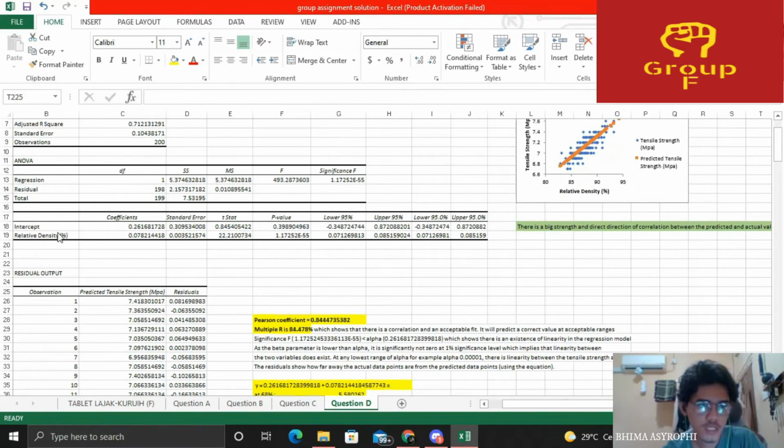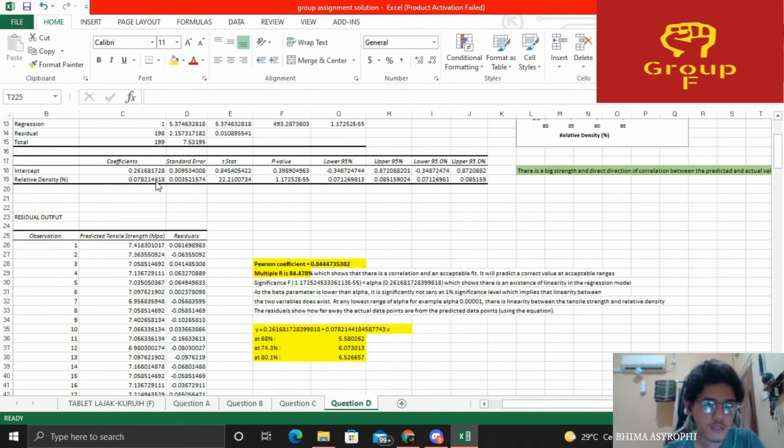For the intercept, these are the coefficient, standard error, P value, lower 95%, upper 95%, lower 95.0%, upper 95.0%. Same for relative density percentage, you can see here.